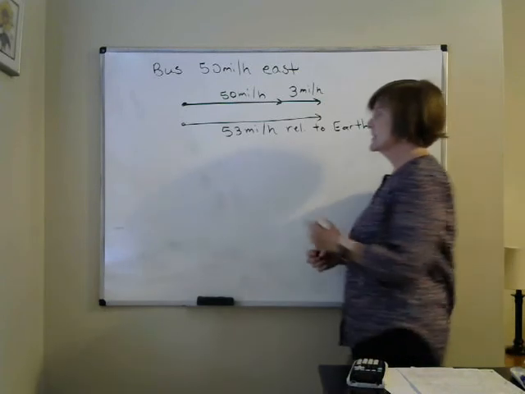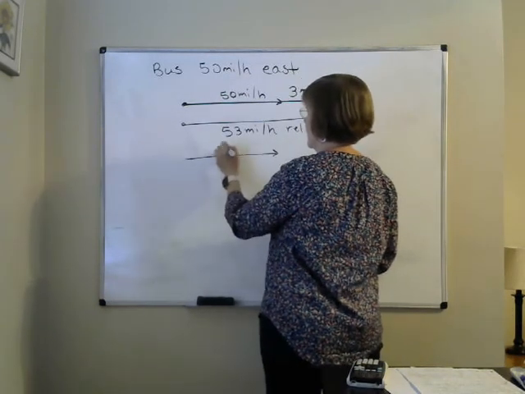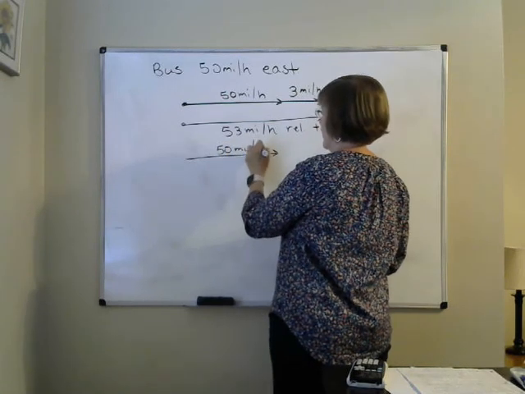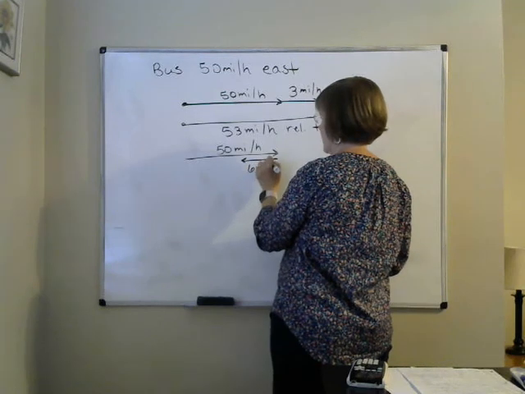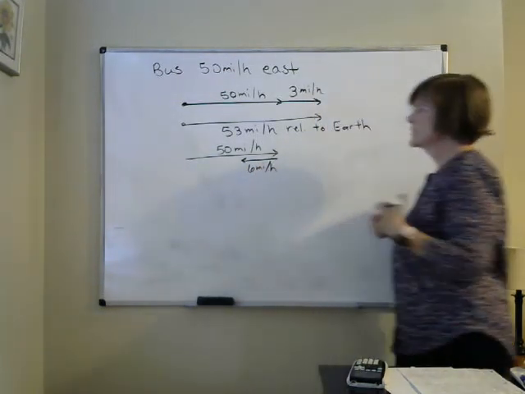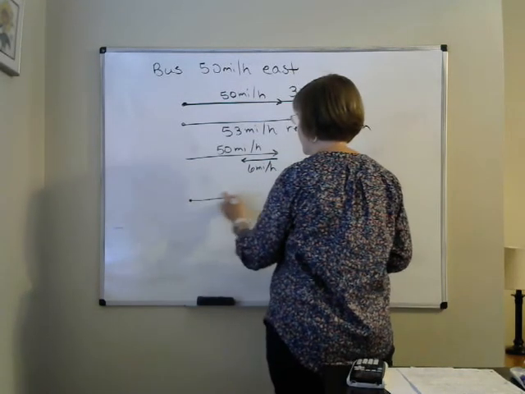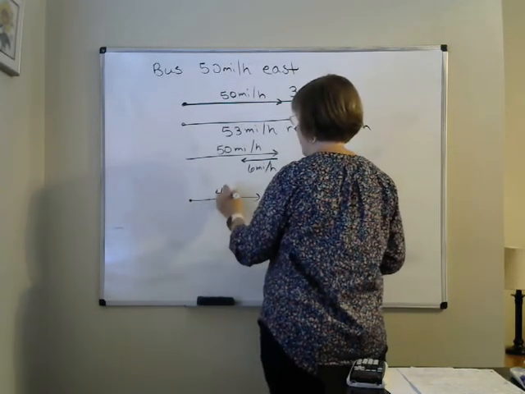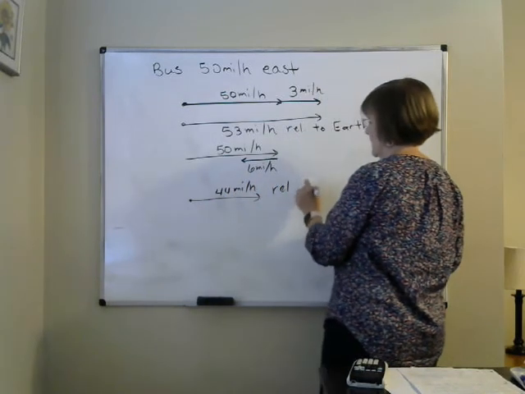Well, if the bus is still going 50 miles an hour relative to the Earth, and she turns around and runs back this way at 6 miles per hour, an observer watching her sees her going only about 44 miles an hour relative to the Earth.